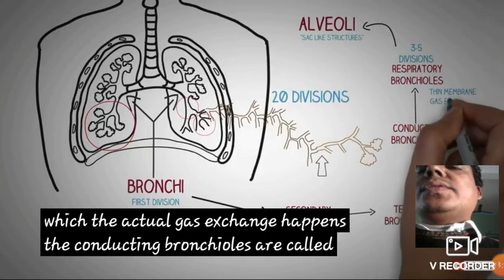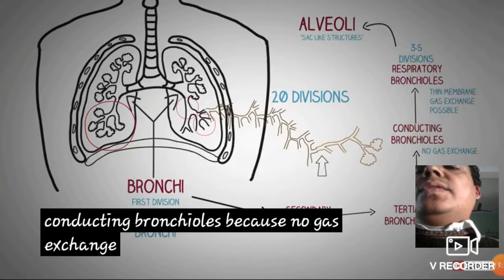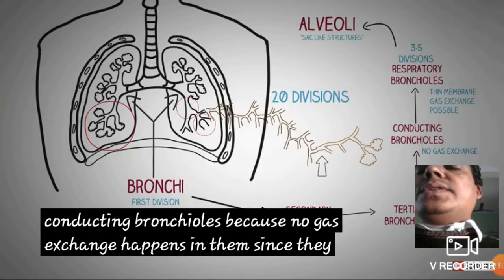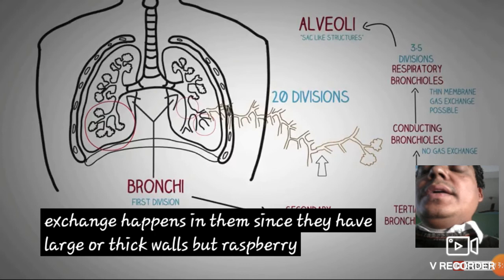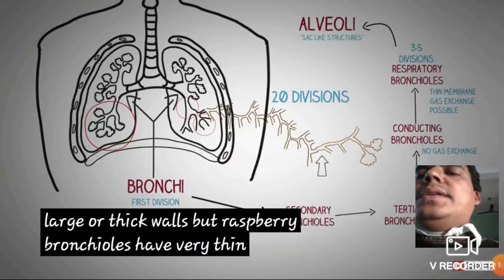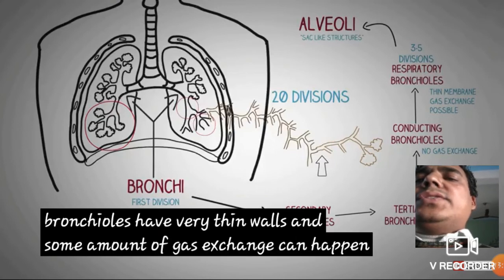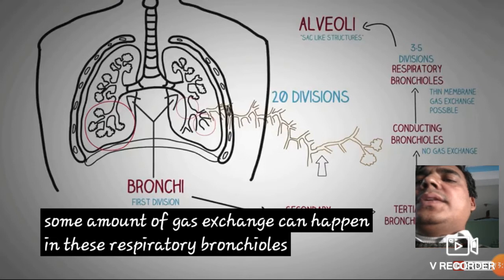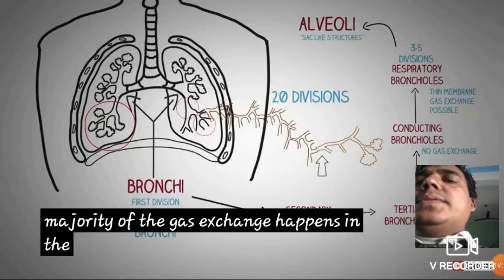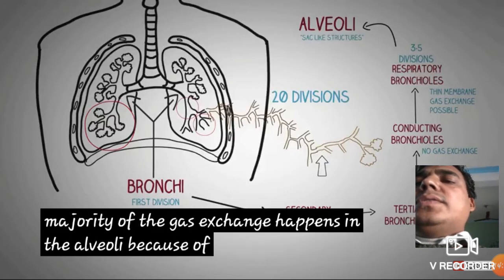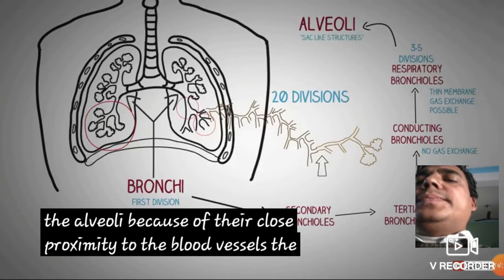The conducting bronchioles are called conducting bronchioles because no gas exchange happens in them since they have thick walls, but respiratory bronchioles have very thin walls and some amount of gas exchange can happen in them, but the majority of the gas exchange happens in the alveoli because of their close proximity to the blood vessels.